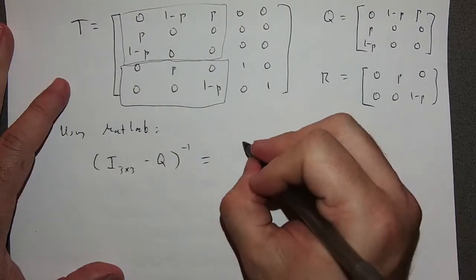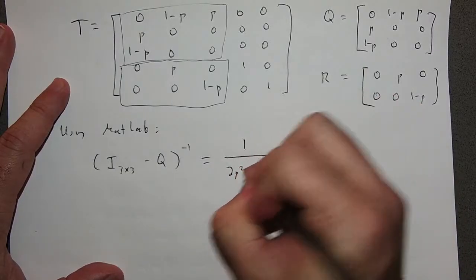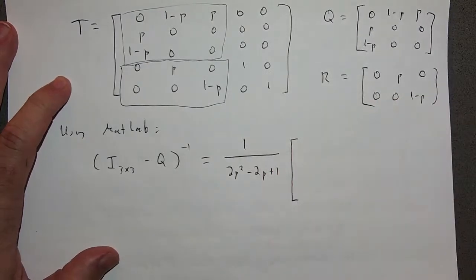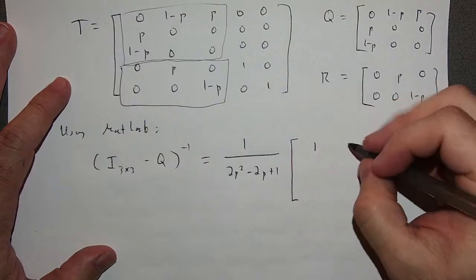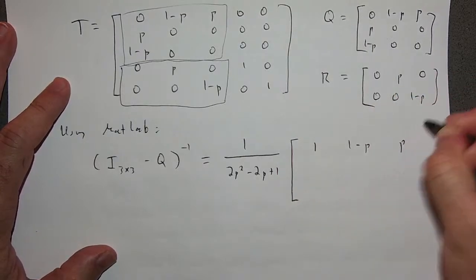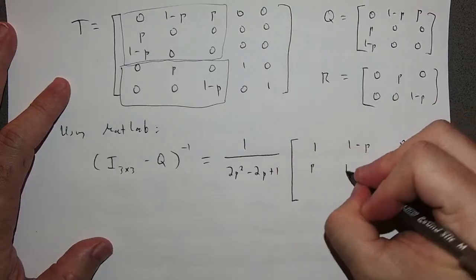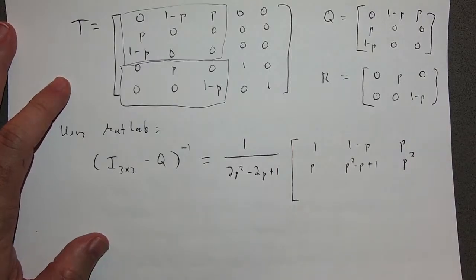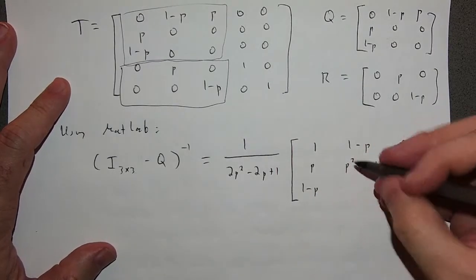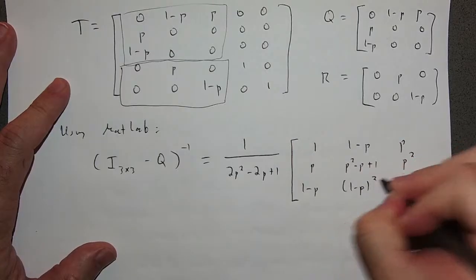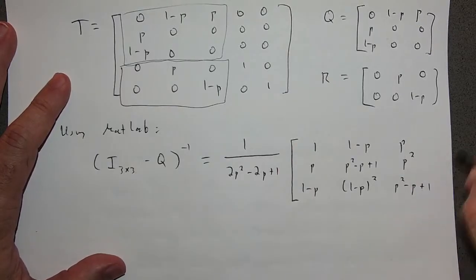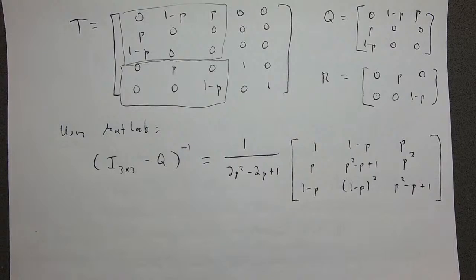I can work this out as 1 over 2p squared minus 2p plus 1 times the 3 by 3 matrix, reading row-wise: 1, 1 minus p, p; p, p squared minus p plus 1, p squared; 1 minus p, 1 minus p all squared, and p squared minus p plus 1.